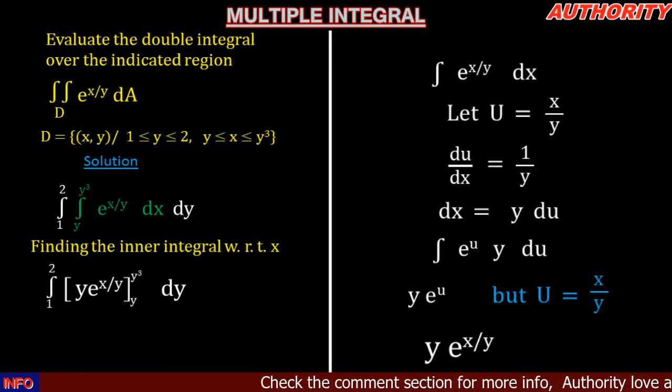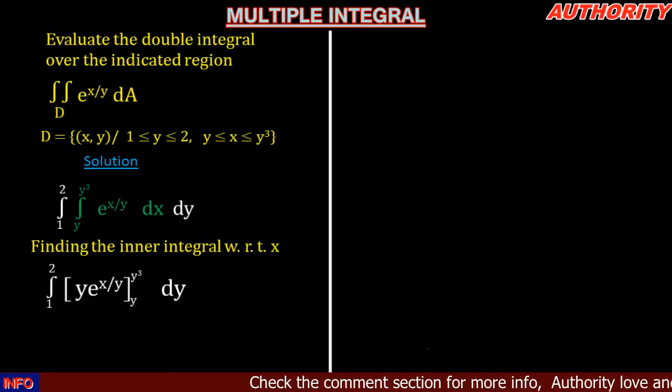Then we have dy. We integrated with respect to x. So in this function now, inside this bracket, anywhere we see x, we're going to replace it with the boundary, the upper bound and then the lower bound, or the limit, the upper limit and the lower limit. All right, good.